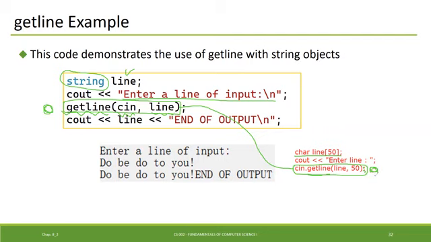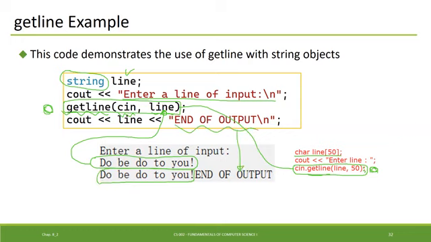Yes, so enter line of input, and after that, I entered this. Then this line will be saved in line, and then the line is printed out, and then the end of the output is printed out.